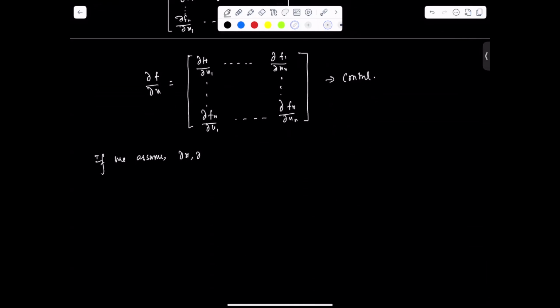If we assume ∂x and ∂u, these are deltas, actually small values, this goes to 0. The higher order terms go to 0 at a faster rate than the first order terms.